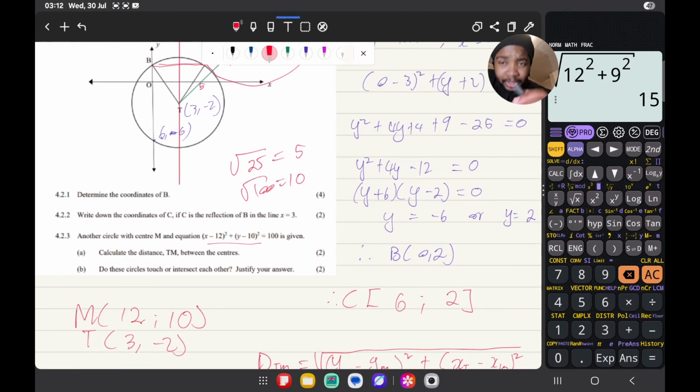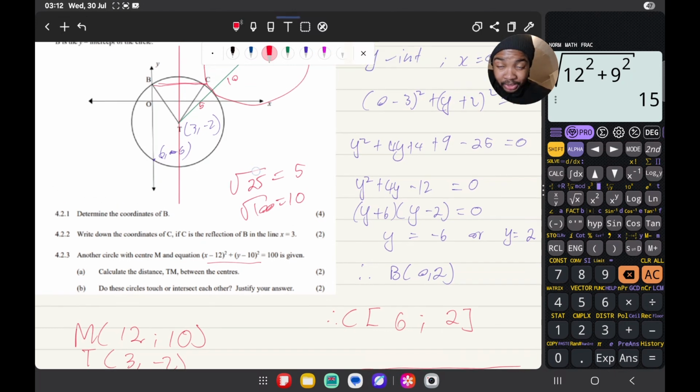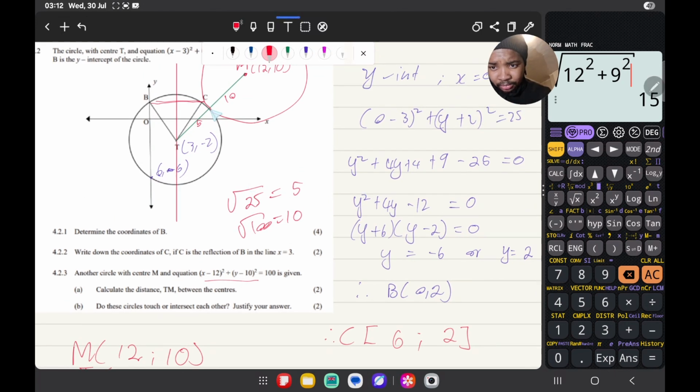Not that they intersect, they do touch at a point, right? So they do touch because of this. You have 10 and 5 making 15, right?